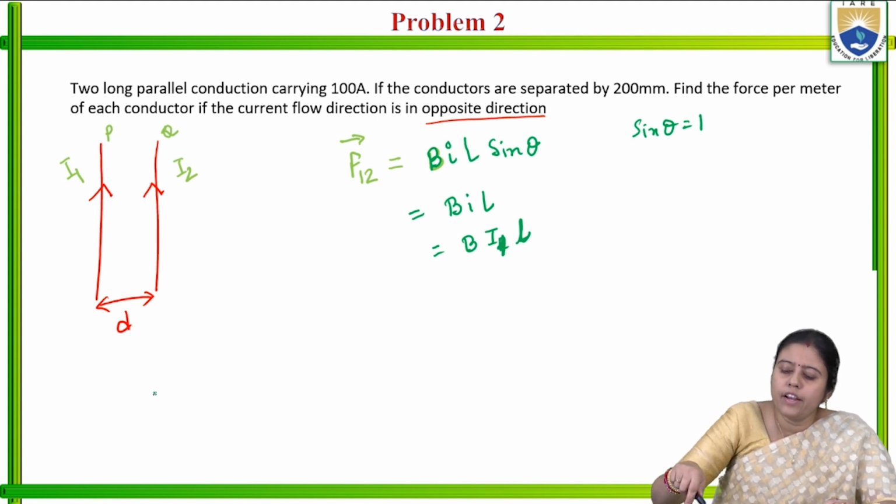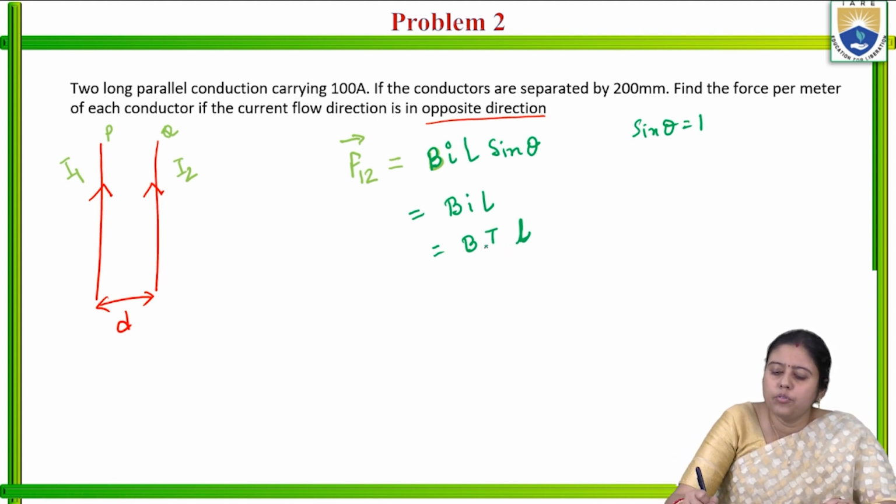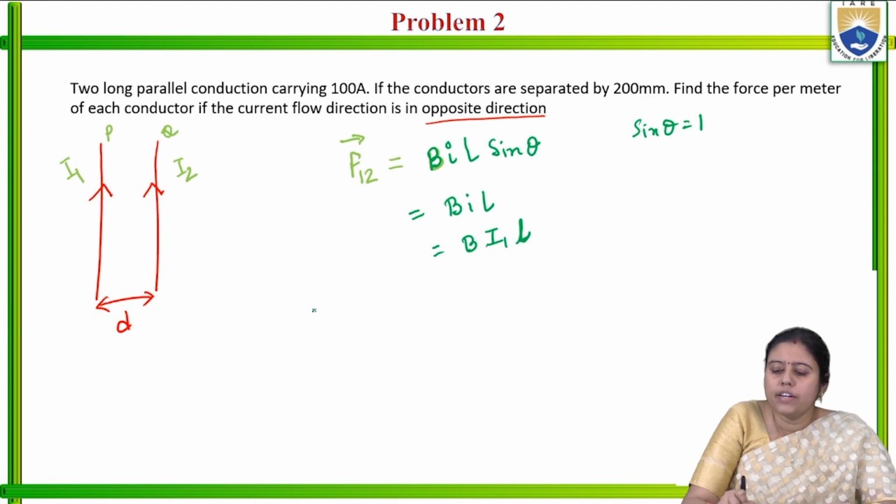Then what we have to do is calculate the B. So how to calculate B?